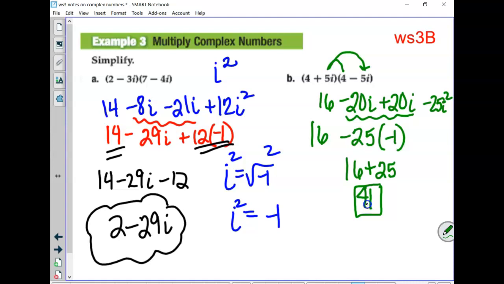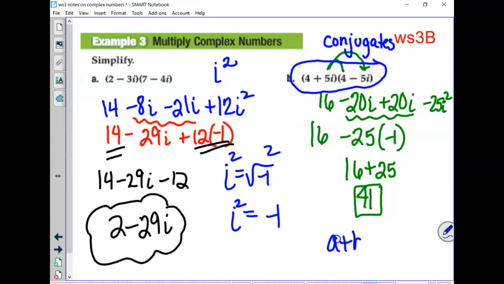Whack. The reason that works has to do with the fact that these two numbers are what are called conjugates. And we are going to use that to our advantage. Conjugates are when you have a plus bi, like 4 plus 5i, the conjugate is a minus bi, or 4 minus 5i.